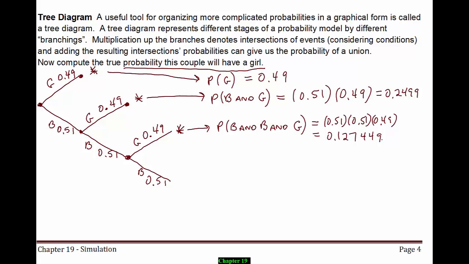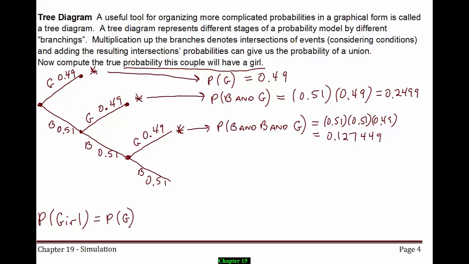But notice, we can have a girl by landing on the first path, or landing on the second path, or landing on the third path. Remember, the word or means to add. And these are disjoint events because we can't have landed on the first path and the second path at the same time.